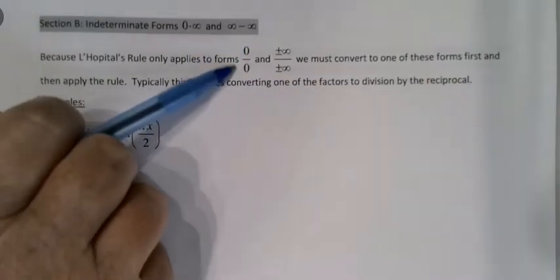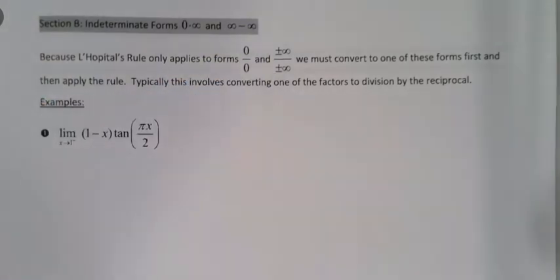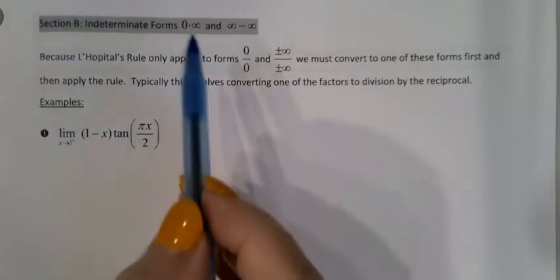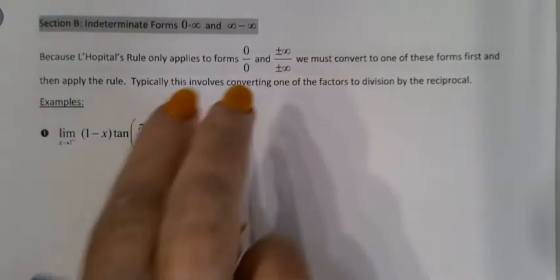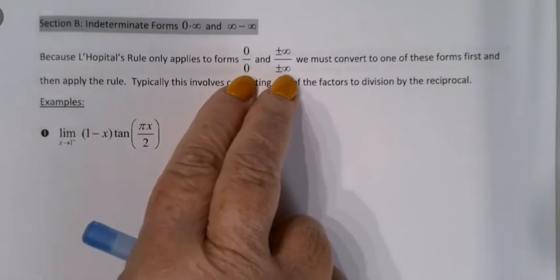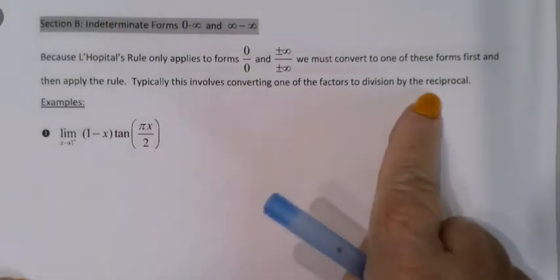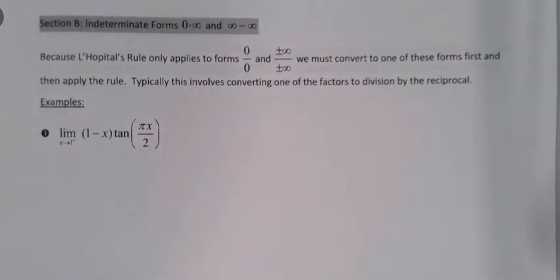It only applies to 0 over 0 and infinite over infinite. So what that tells me is I'm going to have to convert these forms to something that looks like one of those, and then I can apply that L'Hopital's rule. Typically, this involves converting one of the factors to division by the reciprocal, very common. So let's look at a couple of these.